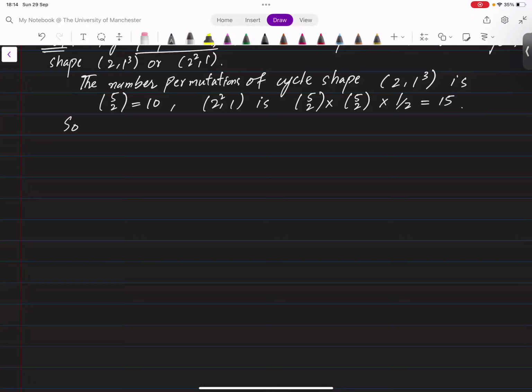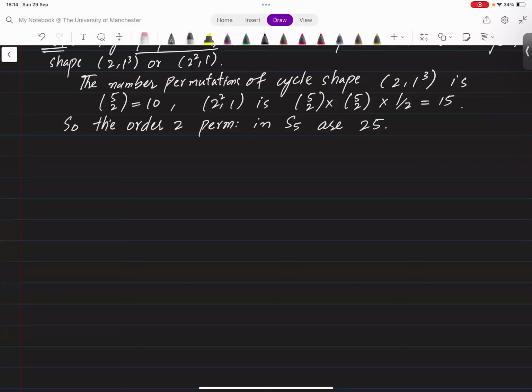So the total number of order 2 permutations in S5 is 10 plus 15, which is 25. Sorry, not the multiplication, but the addition: 25.